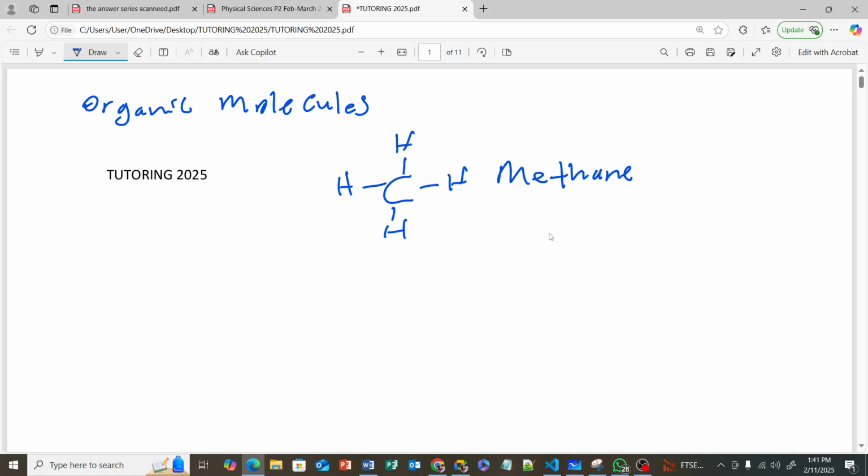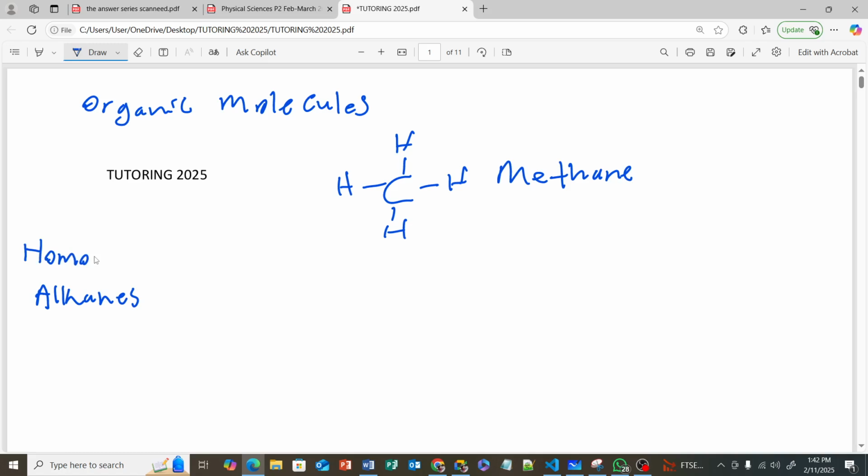So this molecule you see on the board falls under a family of molecules called the alkanes. Now the names of the families that we are going to use, it's called the homologous series.